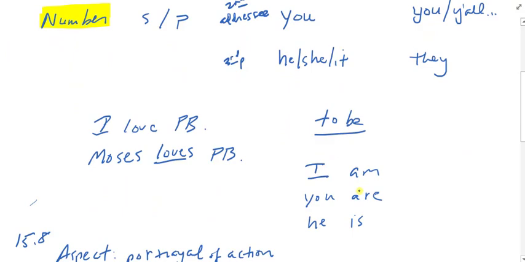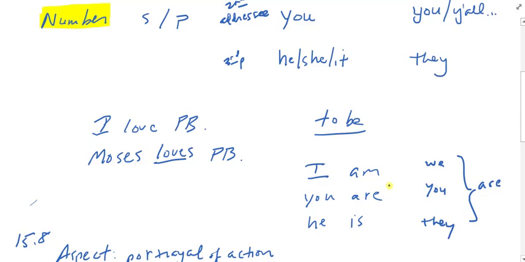In English, for to be, we actually do have different forms for first, second, and third person singular, right? So I am, you are, he is. On the plural side, we, you, and they, what do we use? Yeah, all of them use are, don't they? No distinctions among the plural forms. But at least we approximate Greek here where we have more than one or two forms, right? Okay.